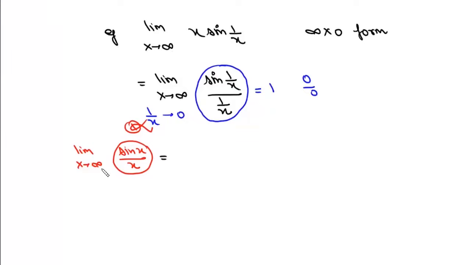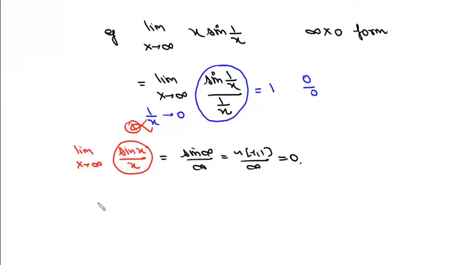And in this question, if we check its form, this is sin infinite upon infinite. Now sin infinite is an oscillating value between -1 and 1, and upon infinite, this value is 0. So sin x upon x is not always 1. It is 1 if it satisfies all the conditions for the standard limit.